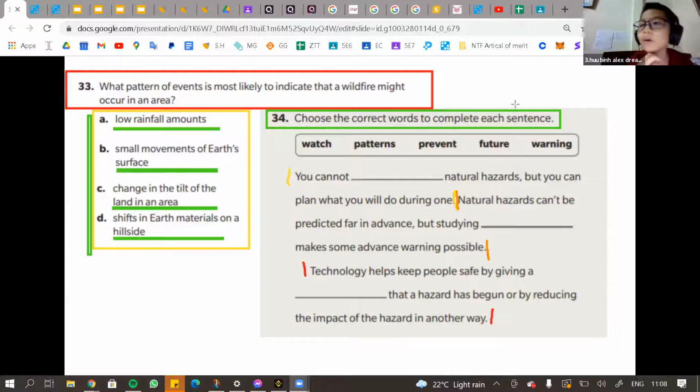A, low rainfall amount. I think that's the correct answer. So we'll move on to question 34.